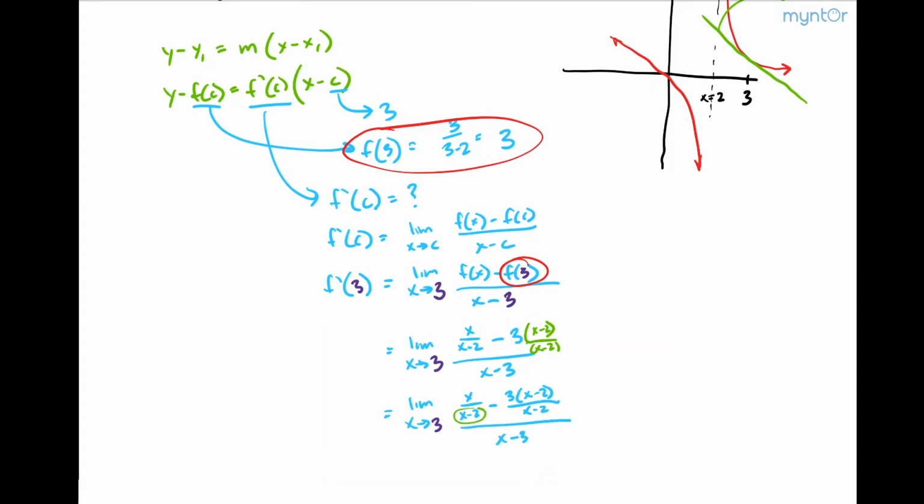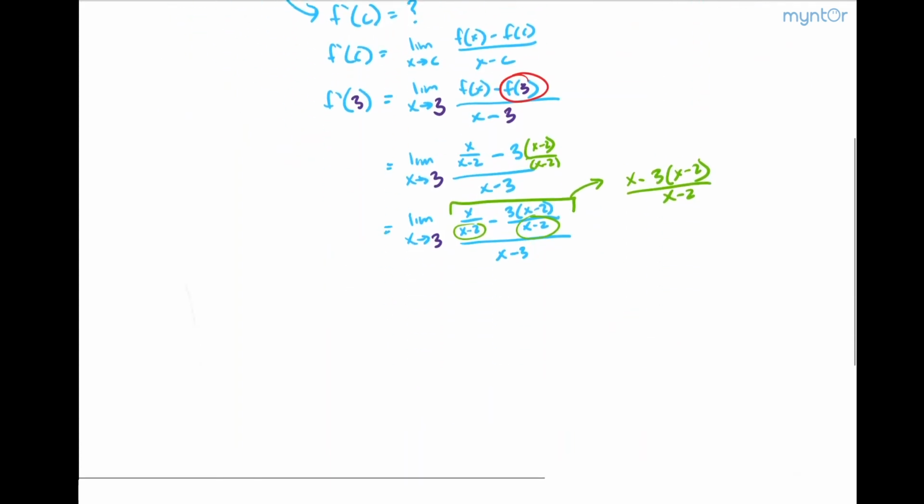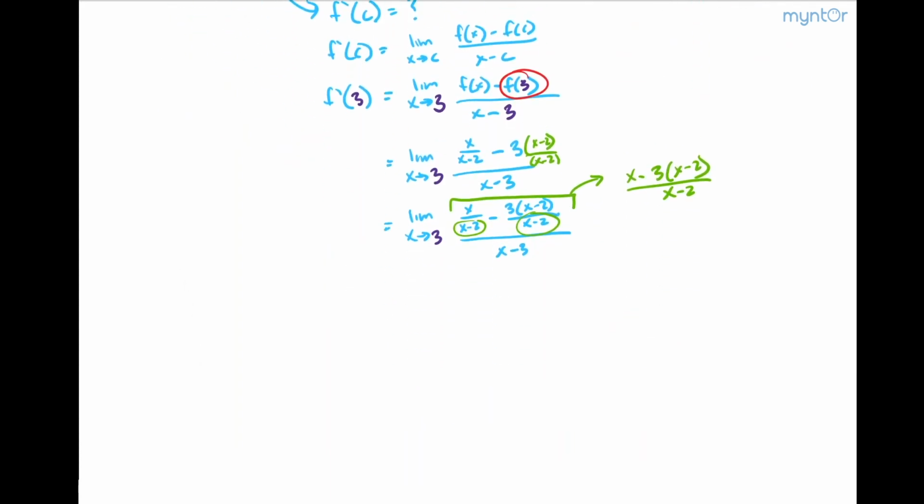And because these have a common denominator, I'm going to combine this entire fraction into x minus 3 times x minus 2, over x minus 2. So I can say that this is equal to the limit as x approaches 3 of x minus 3 times x minus 2, divided by x minus 2 times x minus 3.